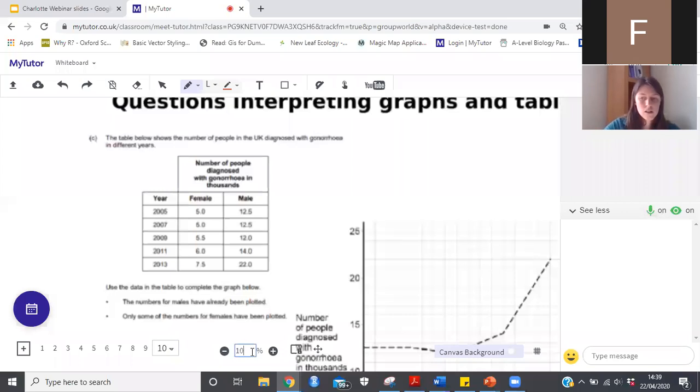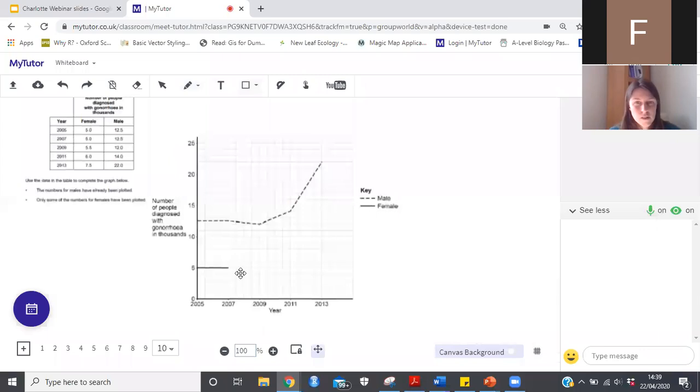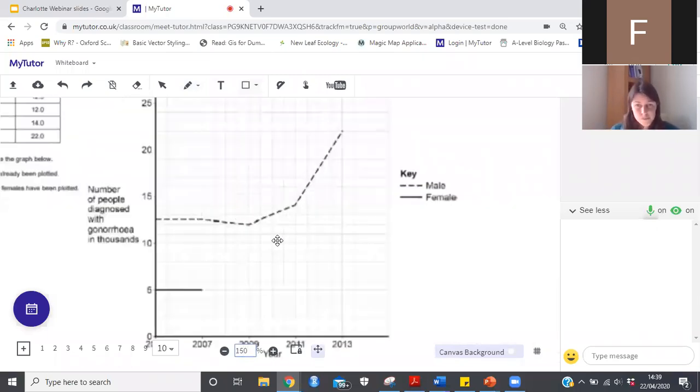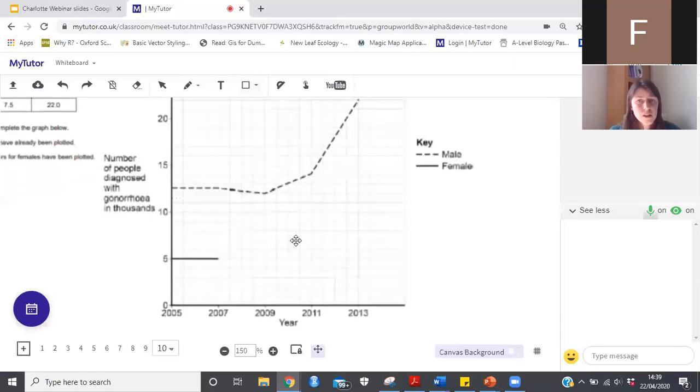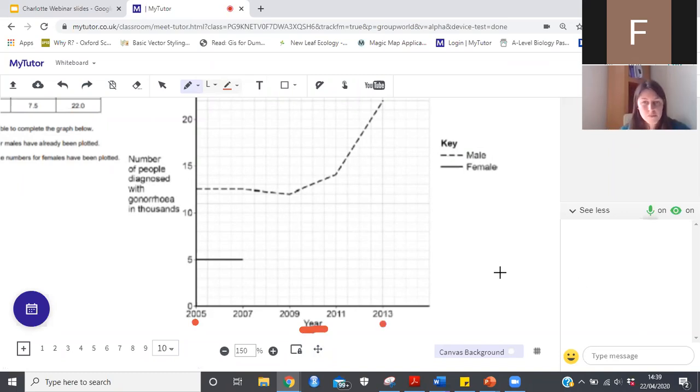Let's have a look at the graph itself. I'm going to move over here. Okay, so it's important when you're looking at a graph to notice the axes. That's the first thing to do. Make sure that you know what the units are, you're familiar with the axes, and is there any patterns in the graph itself. So here on the x-axis, we have our year, which corresponds to the left-hand side of our table, 2005 to 2013.